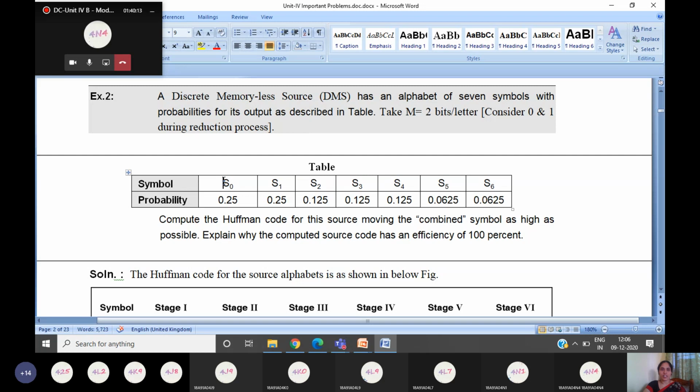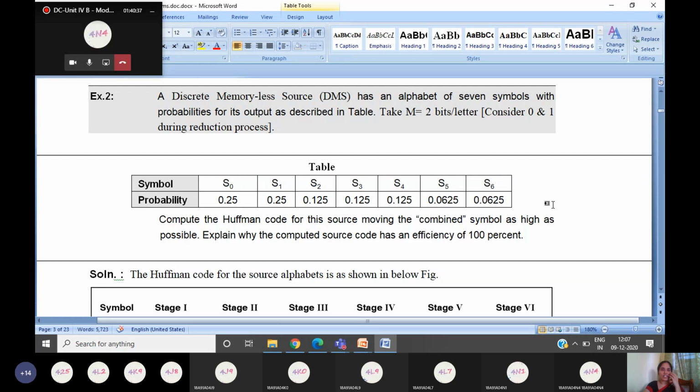Here symbols are represented as S0, S1, S2 and so on. That's given in the question, so directly take the values, M1, M2, M3, M4 up to M7, the corresponding values. Whatever variables are given, use the same variables: symbols S0, S1, S2, S3, S4, S5 and S6.